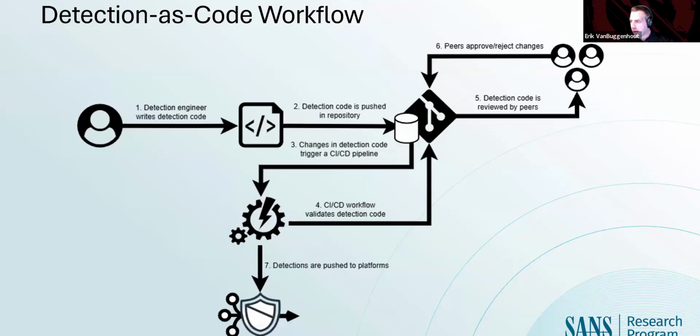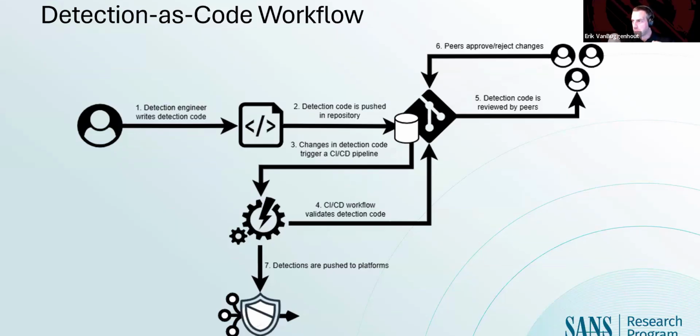So here you can see a bit of a high-level workflow of typical detection as code. It's not rocket science, honestly. You would have a detection engineer, or of course, because we're in 2026, you would have Claude Code write a detection code or a detection query, which then gets pushed into a repository. The change in that repository can then trigger a CI/CD pipeline, so that you can review and validate the code.